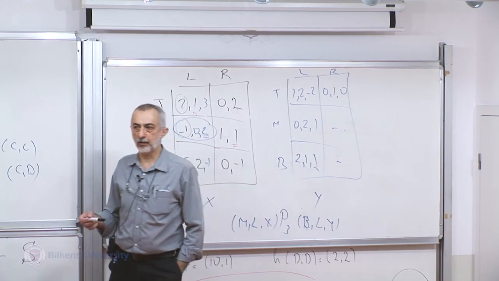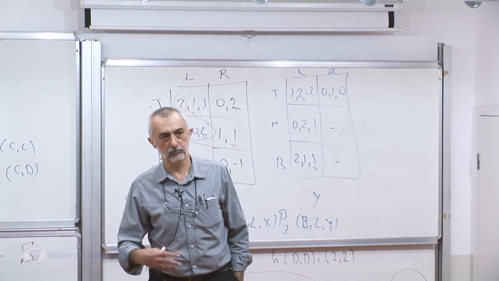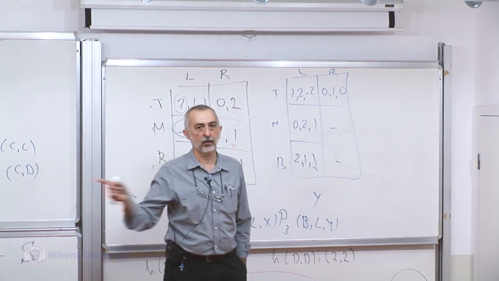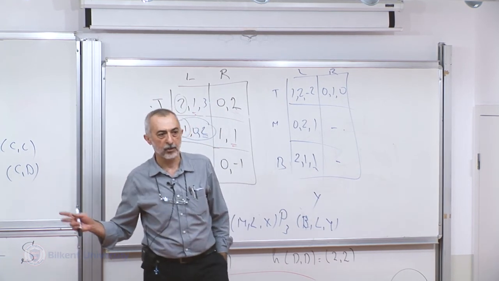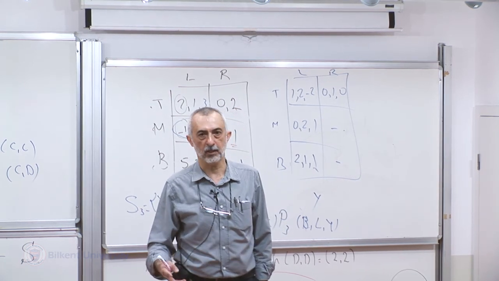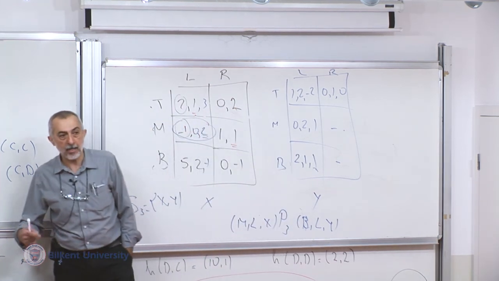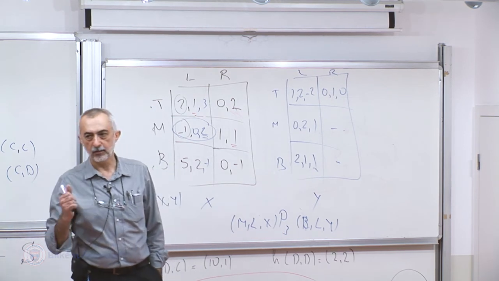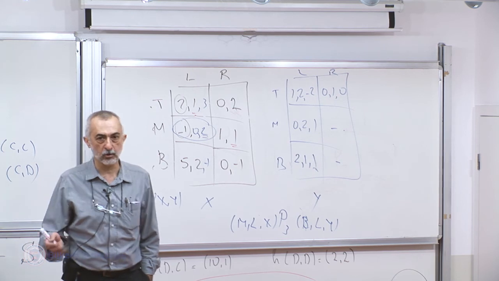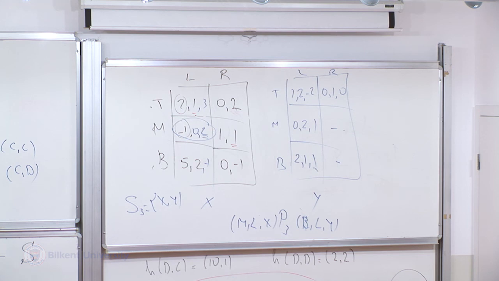If there is more than one high bidder, rather than choosing one at random, to make our life easy for now, we'll sort them according to the numbers assigned to them, according to their index, and give the object to the high bidder with the smallest index, okay? And we'll ask him to pay the highest bid made by the rest of the agents. That's the description of the game, the second price sealed bid auction, also called a Vickrey auction, which was studied by William Vickrey, a Nobel laureate.